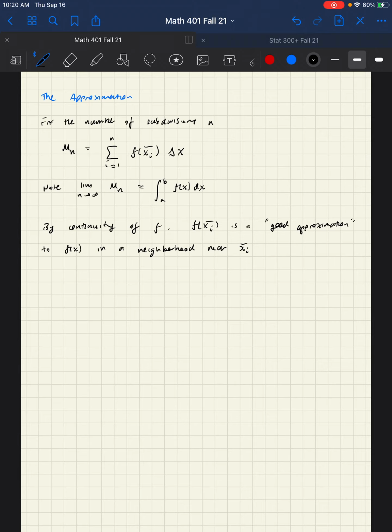The approximation as a whole does pretty well, because x sub i bar is the middle of the subinterval, and so that neighborhood is going to look pretty close.